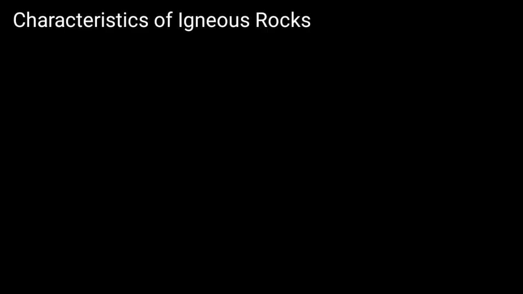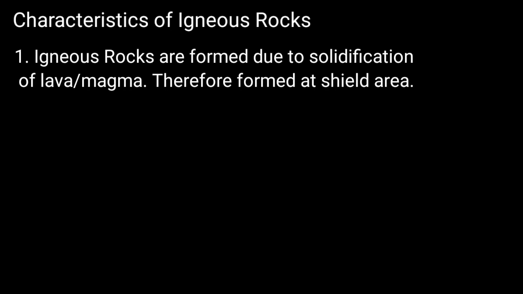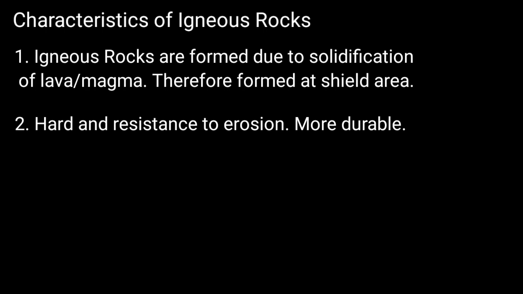So there are some characteristics of igneous rocks. Let us see what they are. First of all, igneous rocks are formed due to solidification of lava. Therefore they are formed at old core areas. Now old core areas means silt areas or the regions of volcanic activities. So basically igneous rocks will be around the volcanic regions.